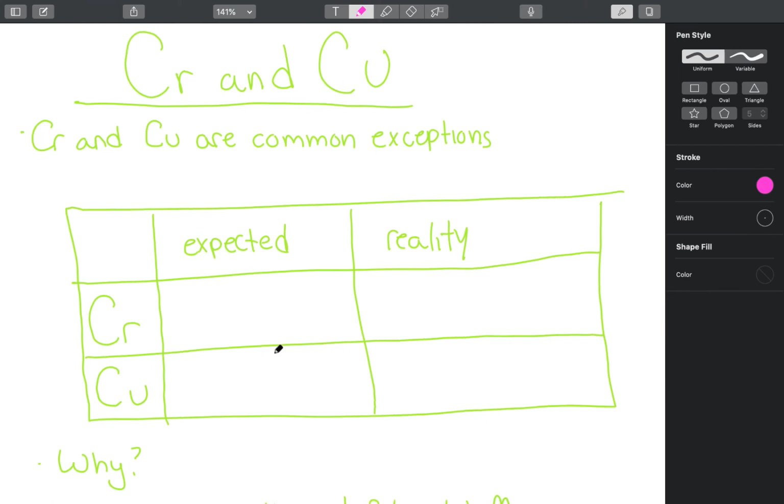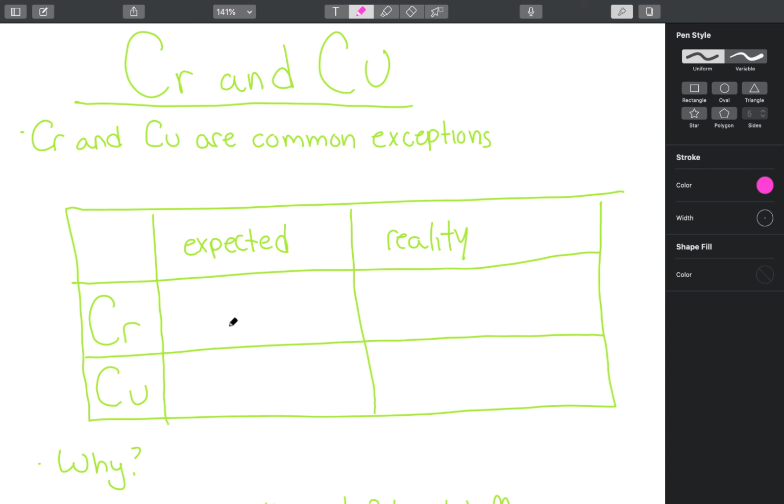So the last bit of information that you should know for general chemistry is the exceptions. And the common exceptions are chromium and copper. So chromium, if you go through the rules that we talked about above, the expected electron configuration would be what? So I actually encourage you to pause the video and write down what the expected electron configuration would be for chromium and copper.